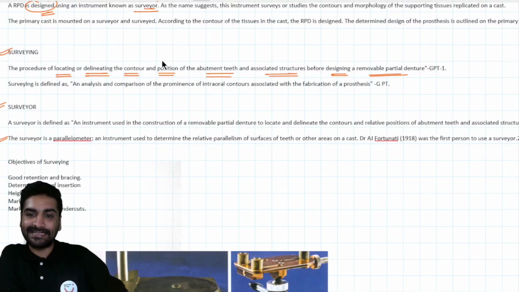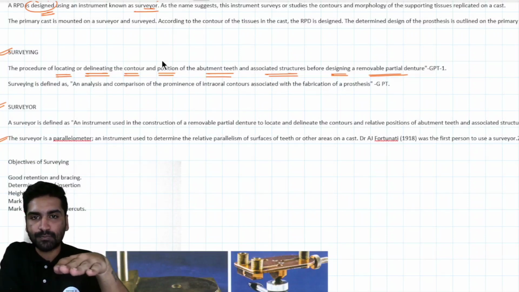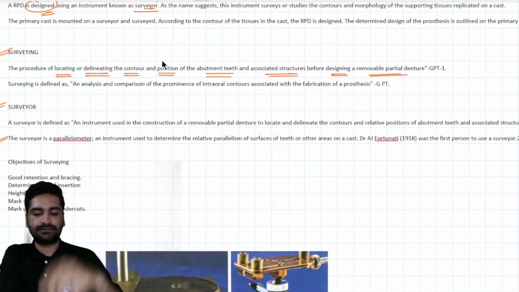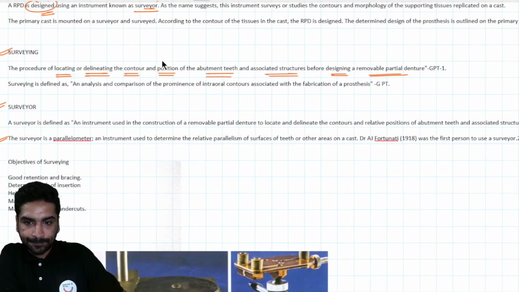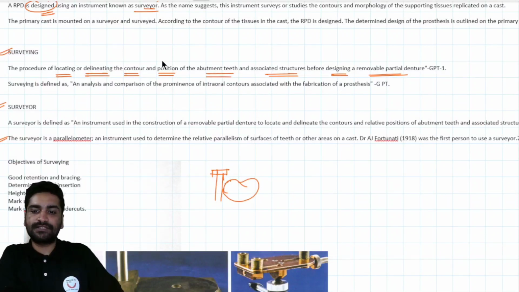Okay, it is an instrument which is used to determine the parallelism of the surface of the teeth or other areas of the cast. Suppose now if I am drawing a teeth over here, okay, and I place my surveyor over here, it is fixed. I want to see whether this surface of the teeth is parallel to this surface or not.